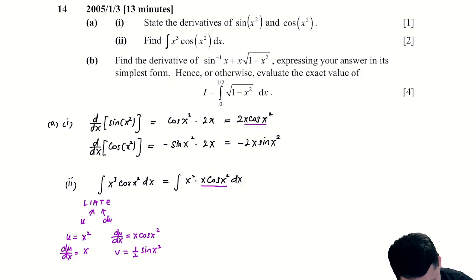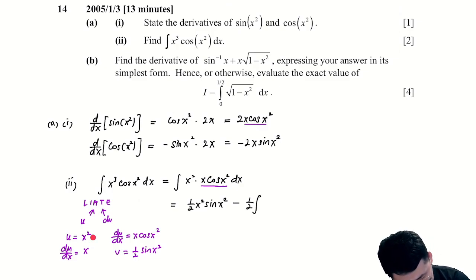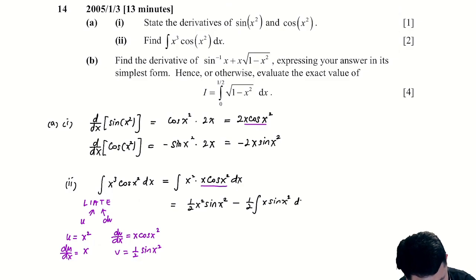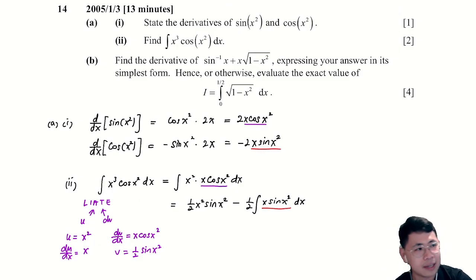Okay, so with this over here, let us try. So we have uv, so this is going to be half x squared sine x squared, minus, then it will be uv minus v du, correct? So multiplying this, it will be half x sine x squared dx. Very nice. You see that this now is sine x squared over here.